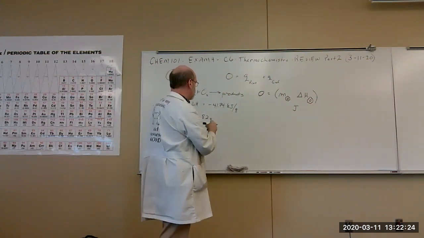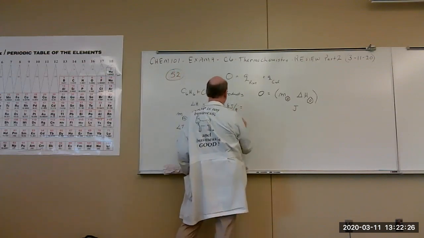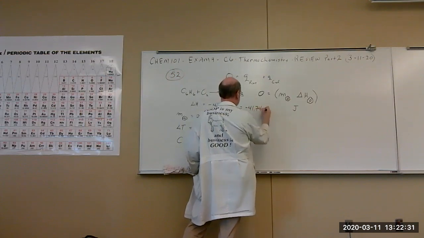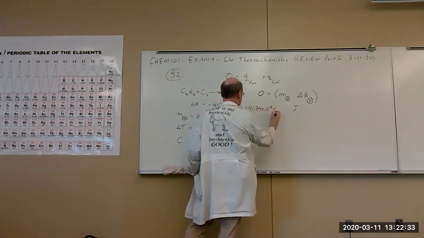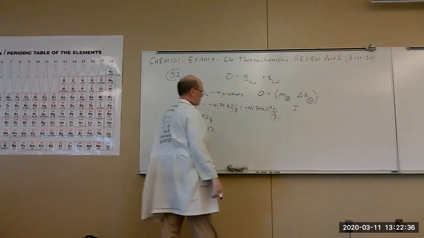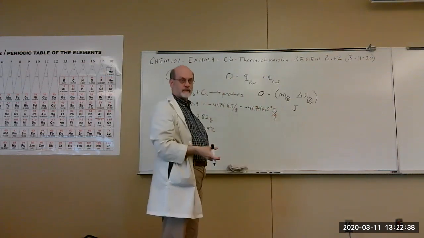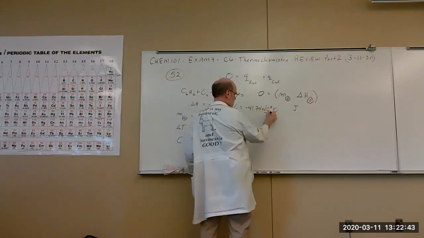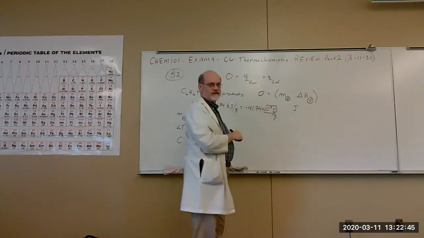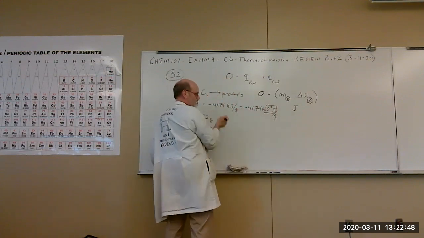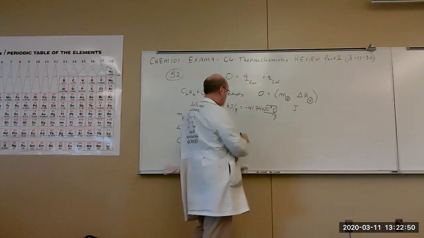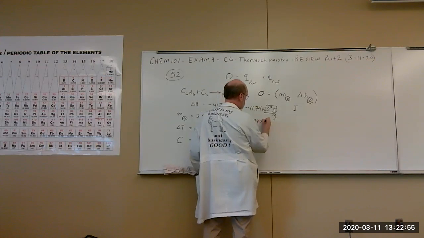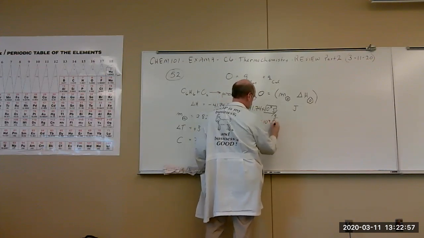So what we need is delta H in terms of joules. So it's minus 41.74 times 10 to the third joules per gram, because a kilo is 1,000. I just pull that 10 to the third out. And then, of course, if we reduce it, 4.174 times 10 to the fourth joules per gram.